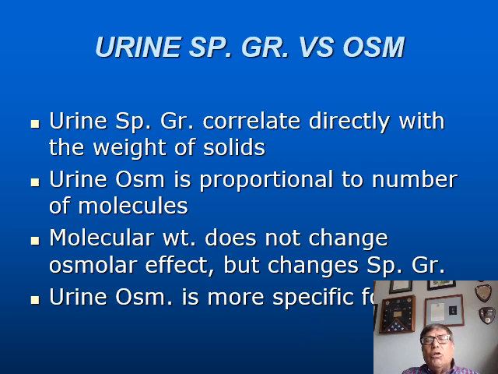On the other hand, urine osmolarity is proportional to the number of molecules. So molecular weight does not change the osmolar effect, and therefore urine osmolarity is a better test than specific gravity, and I think that should answer the question.